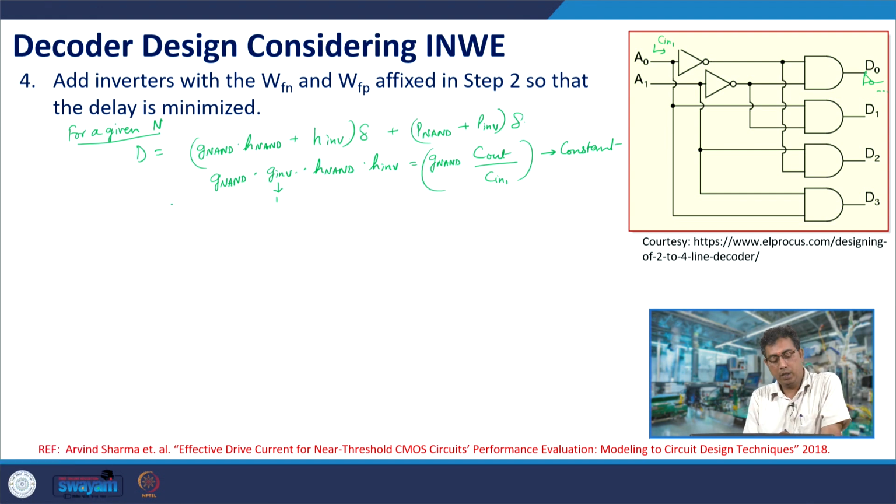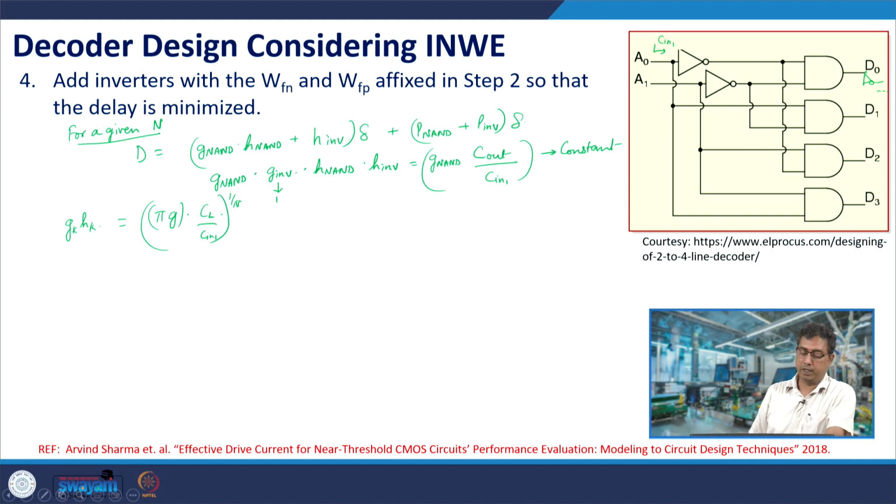So, the delay for a given number of stages is optimized for all the logical efforts into C L by C in 1 to the power 1 by n. So, this should be the logical effort of the kth stage into the electrical effort of the kth stage.